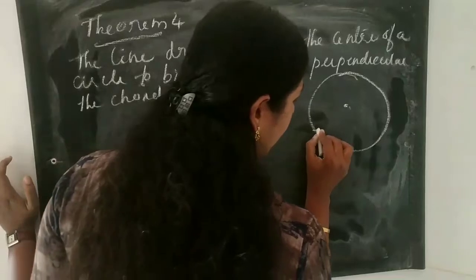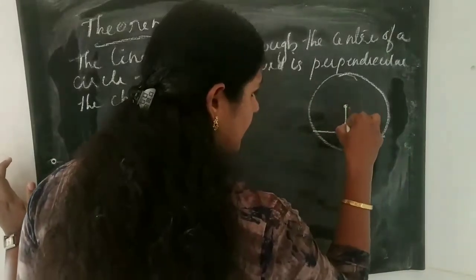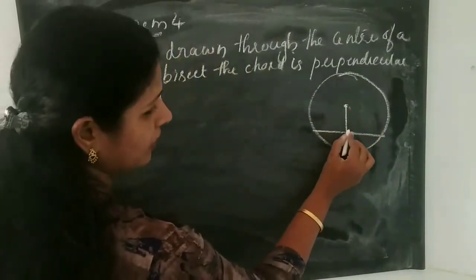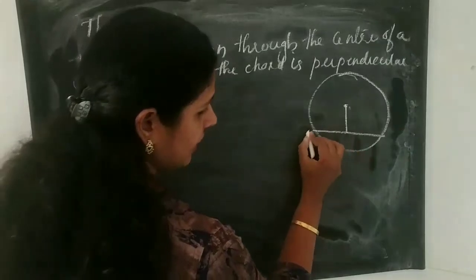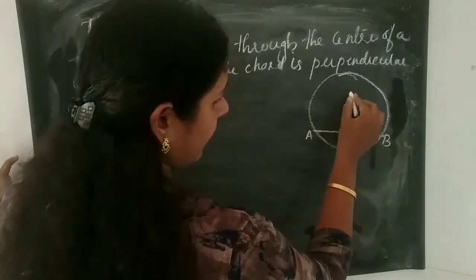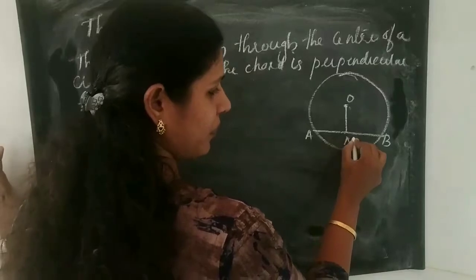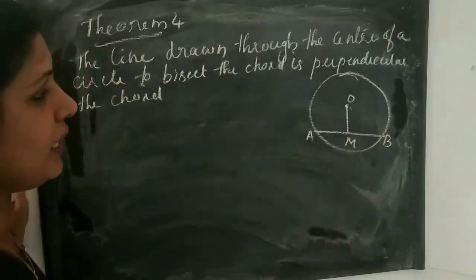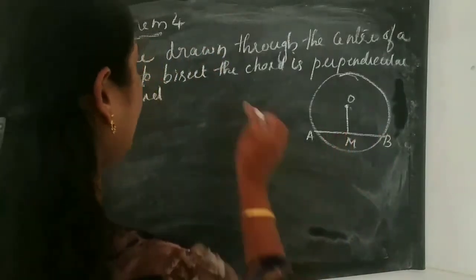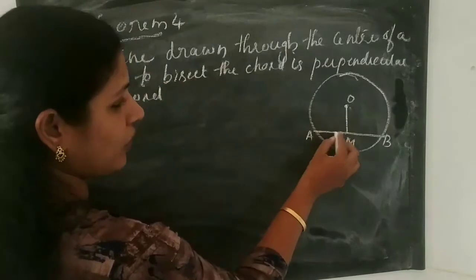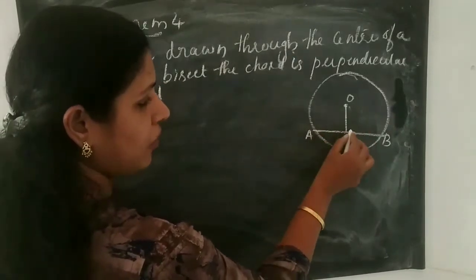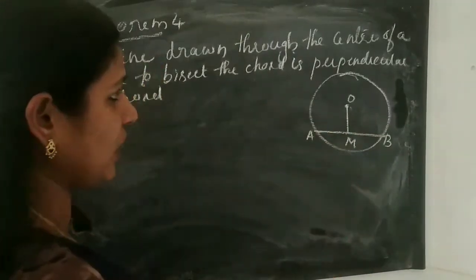Here we need a chord, A, B, and this is M, the bisecting point. So MA equal to MB. This bisects the chord.